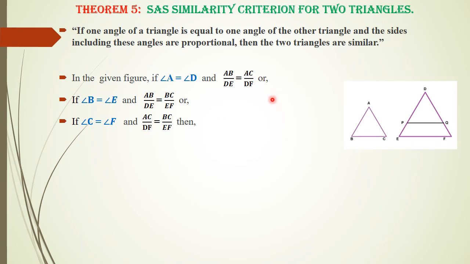If any one condition among these three conditions is seen in any two triangles, then we can directly say that these two triangles are going to be similar.